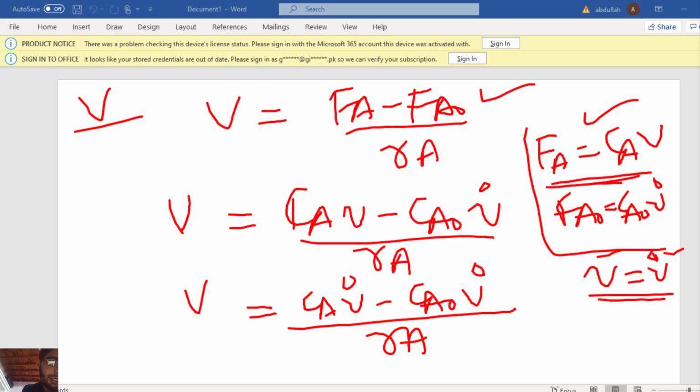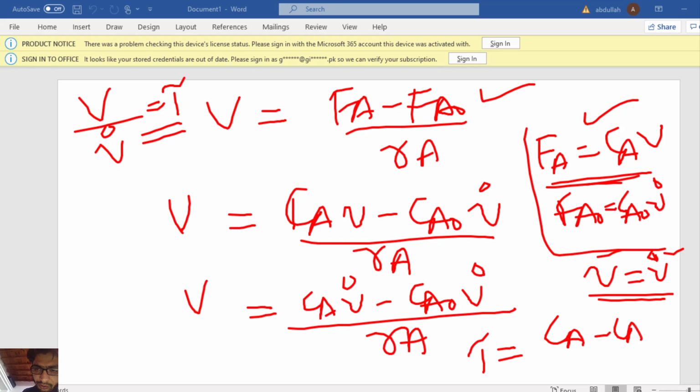Volume of the reactor divided by the volumetric flow rate is nothing but the space time of the reactor. So the space time is equal to CA0 minus CA divided by minus RA, and this RA is the exit rate.